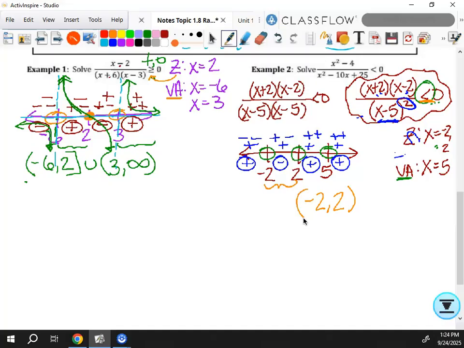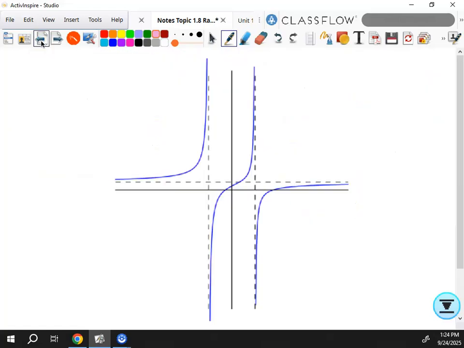All right, so I want you to notice something here that we have positive, positive here, and 5 is your vertical asymptote, right? So that would mean that it's going to hug the asymptote on either side like that instead of being opposite like it is here. So if you look at this picture, I have this vertical asymptote, and then this is going to infinity, this is going to negative infinity.